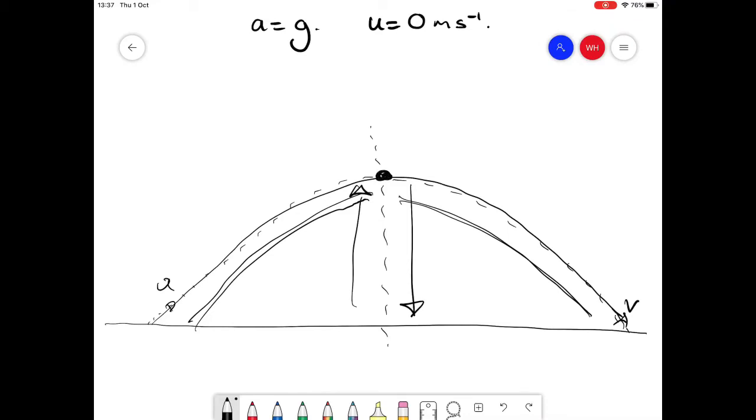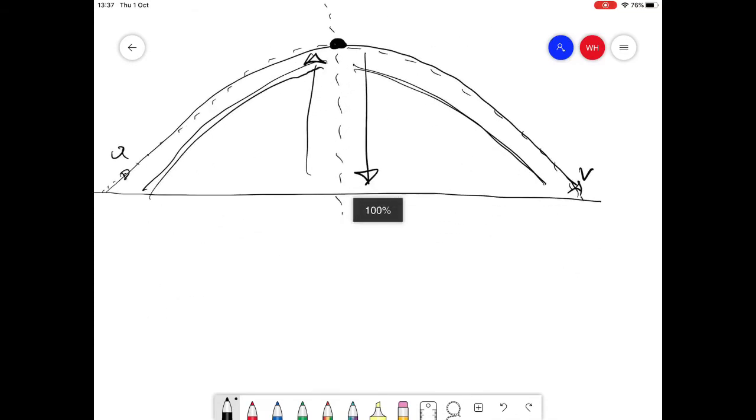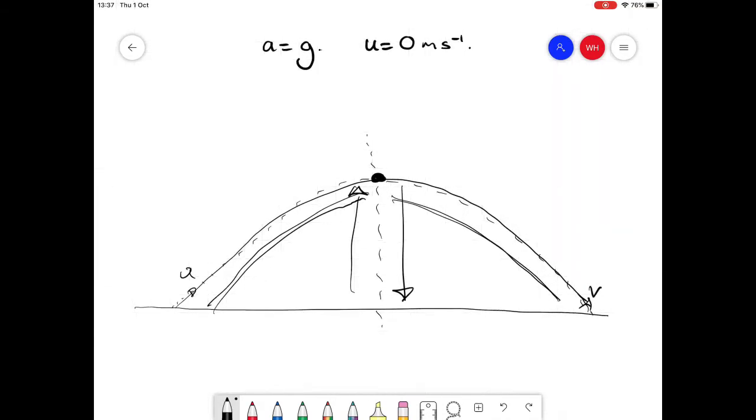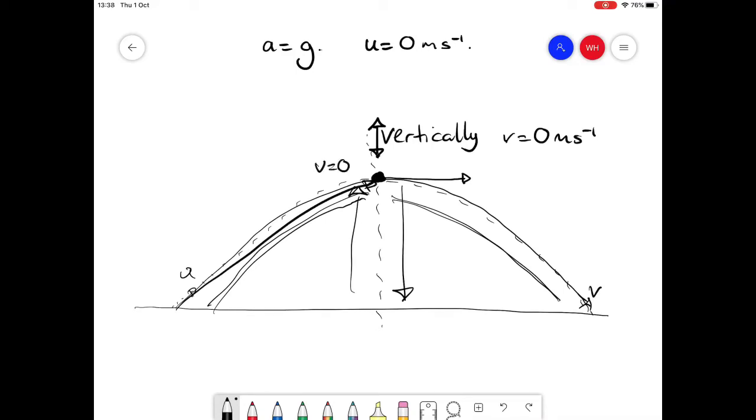And also at the top, for a split second, the motion is only horizontal. So at the very peak, vertically, the velocity is 0. Which means if you were to consider only up, then you'd say v equals 0 vertically. Or if you were to only consider down, you'd say u equals 0. A really useful feature for us.